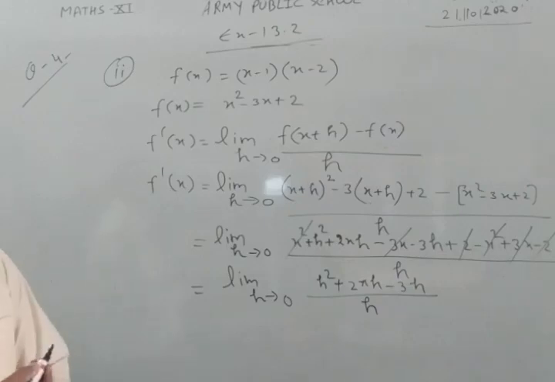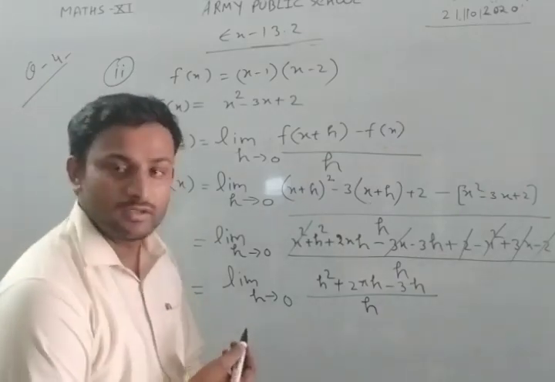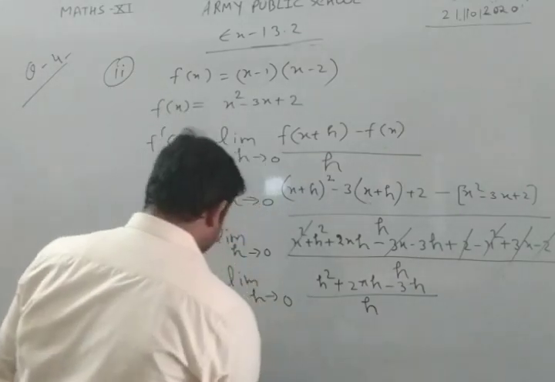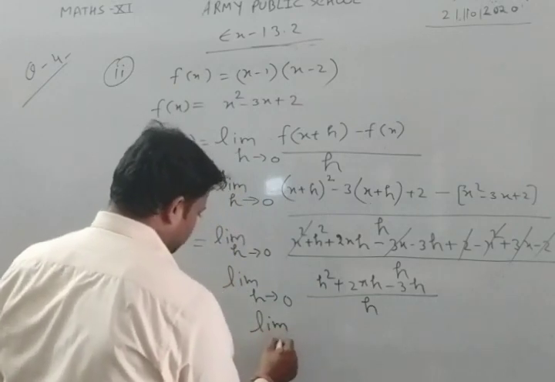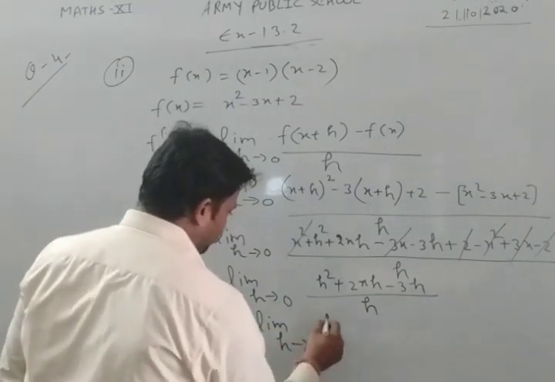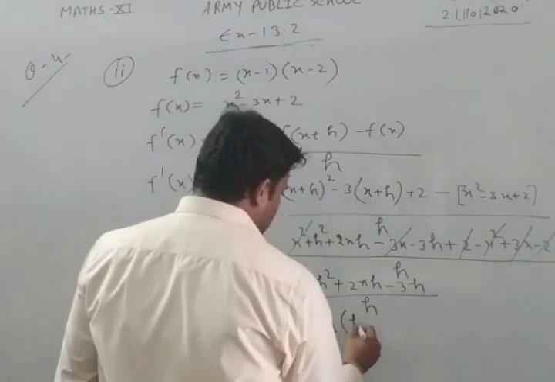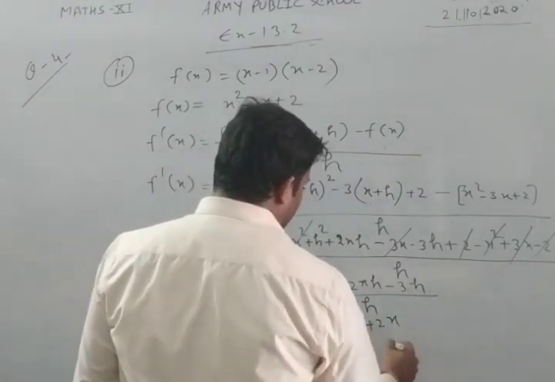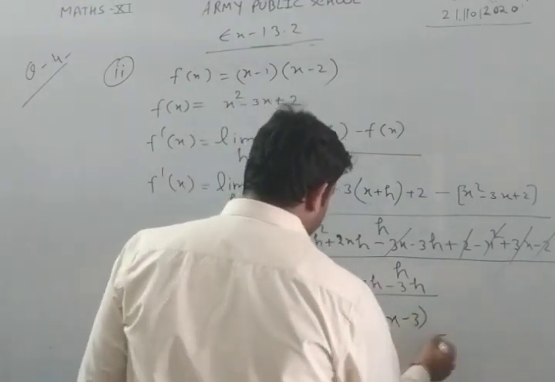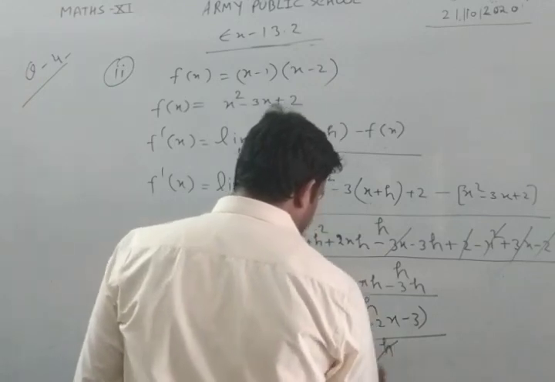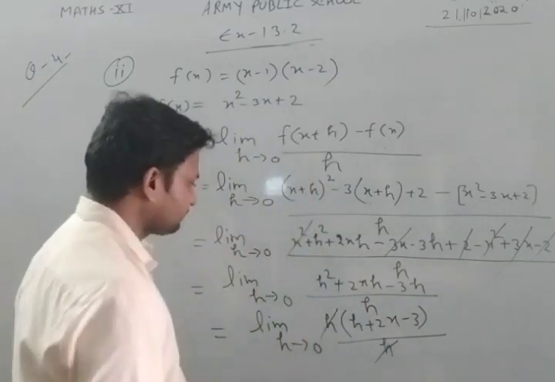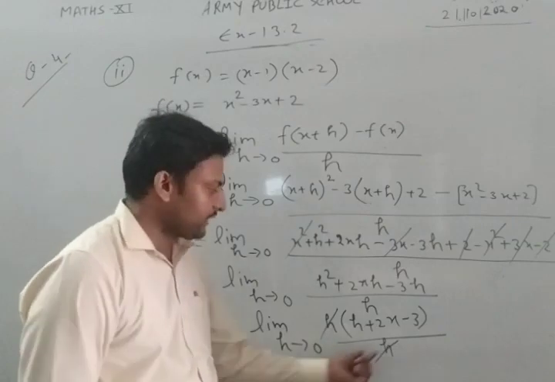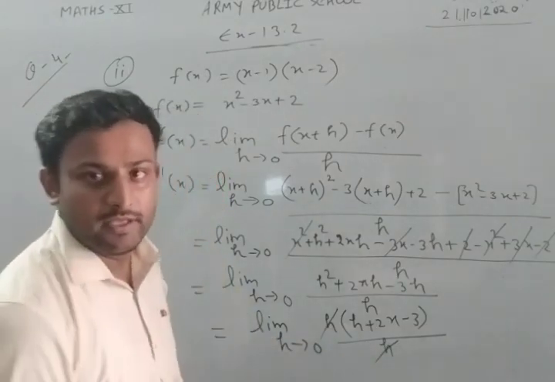Now we are seeing that here h is common. So we write limit h tends to 0, h is common, h plus 2x minus 3 upon h. This is cancelled. Now if we are putting the limit, we get our result.